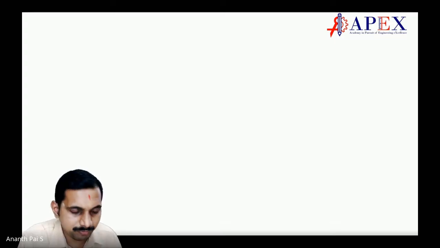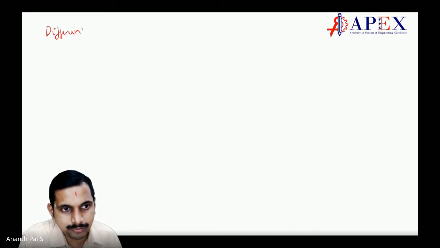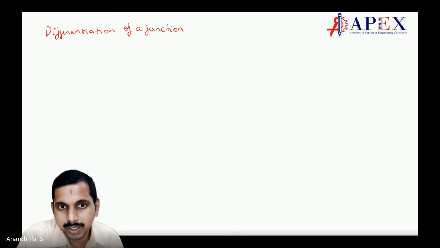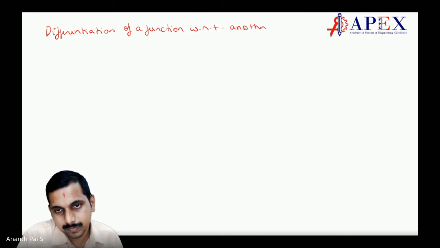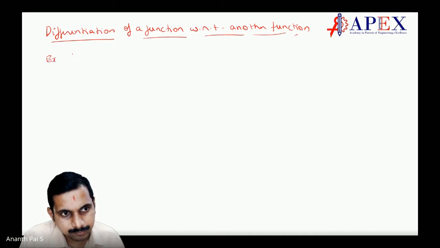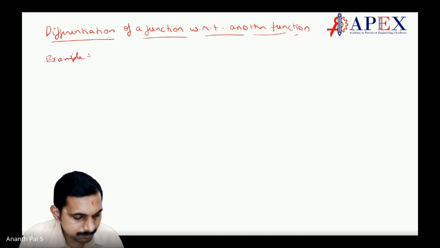Now differentiation with respect to another function. This is the last thing about differentiation. This is the first part of it: differentiation of a function with respect to another function. For example, we will take an example directly.